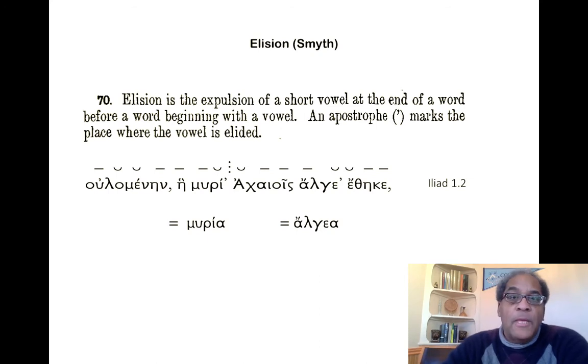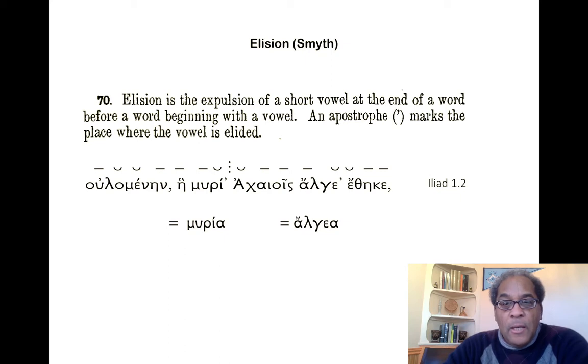So, elision. Elision is the expulsion of a short vowel at the end of a word before another word beginning with a vowel. The apostrophe marks the place where the vowel is elided. Hence, in the second line of the first book of the Iliad, you have oulomenēn, hē muri' Achaiois alge' ethēke.